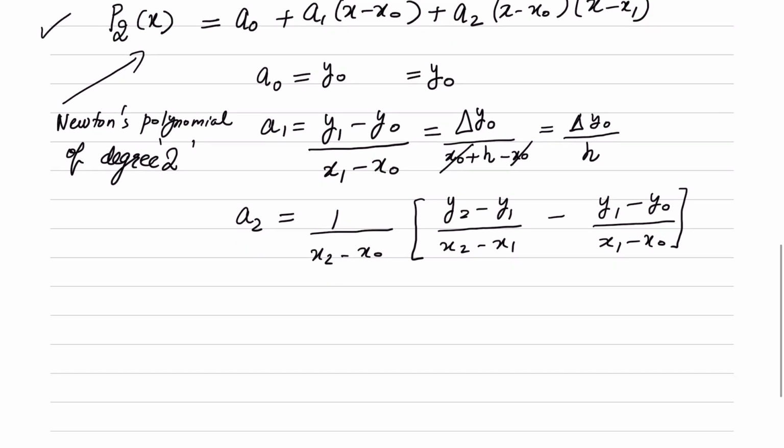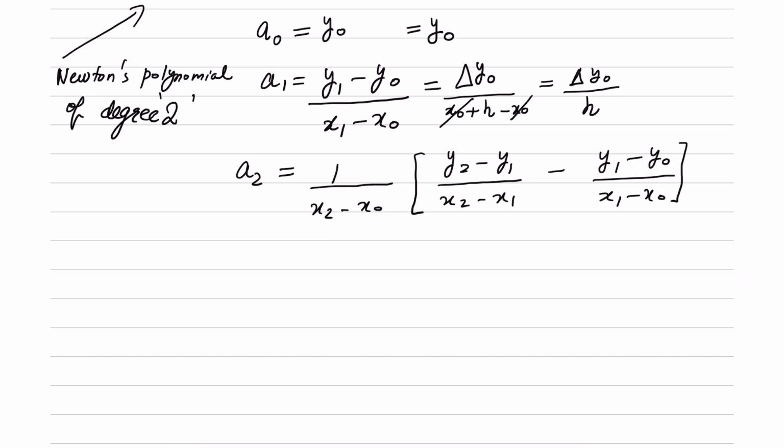Now we are writing a2 also in the form of forward difference operator. So a2 will be 1 by, since your data is equally spaced, x2 can be written as x0 plus 2h, minus x0.